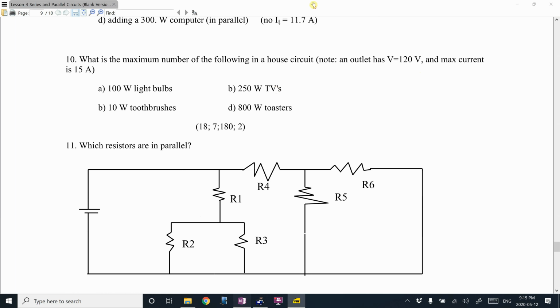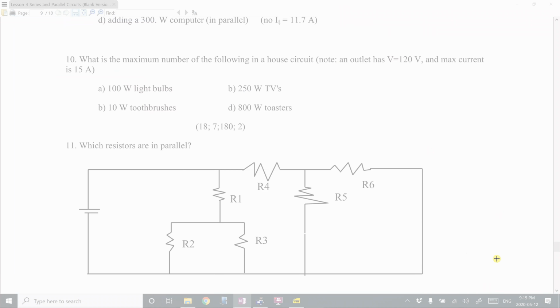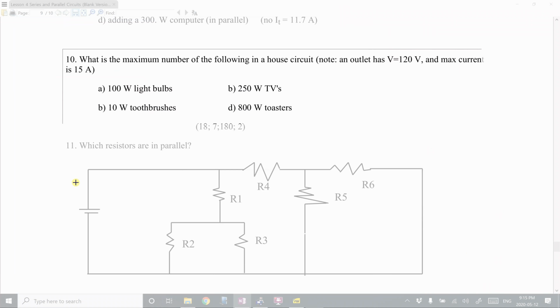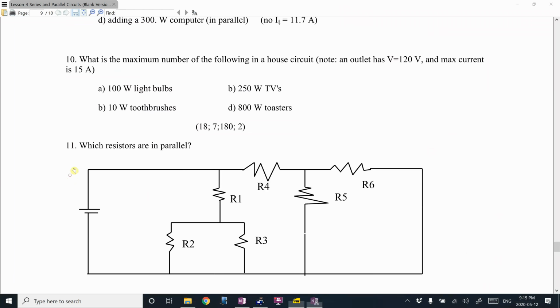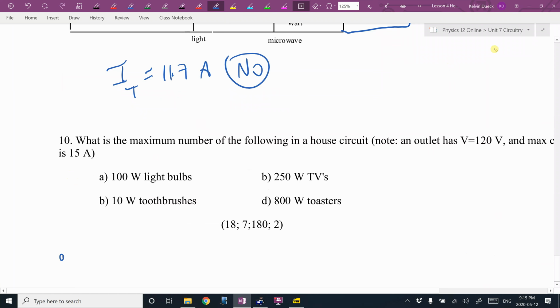Number 10. What is the maximum number of the following in a house circuit? Well, 100-watt light bulbs.